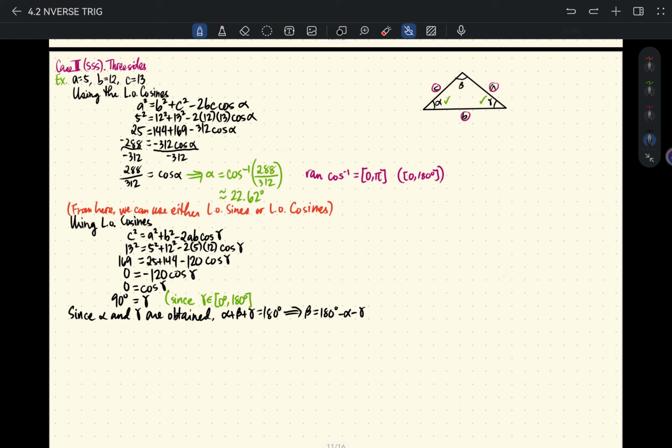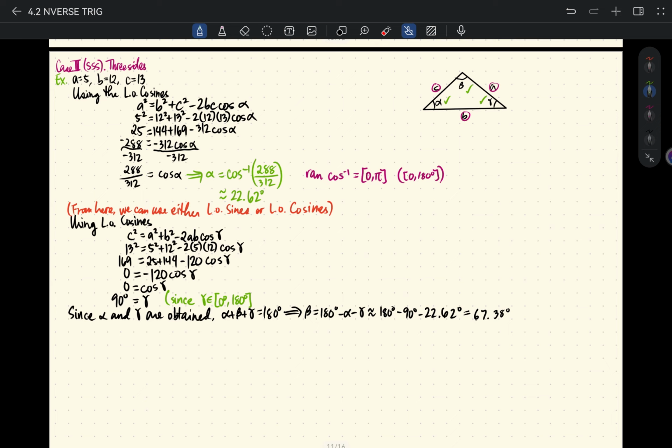That's approximately, I'm using approximately because we're using an approximation of alpha right here, 180 degrees minus 90 degrees minus 22.62 degrees, and that will give us 67.38 degrees. And that completes this triangle right here.